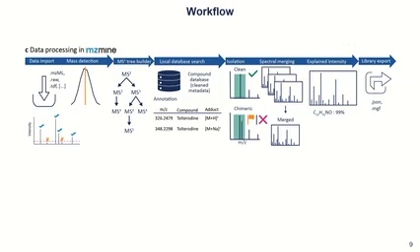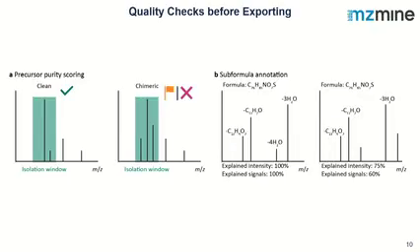And then from here we used our local database search, so the metadata sheet, or if you have spectral libraries, you can also do the matching here and the annotation. And then we would only export those that are annotated if we use reference standards. And before we export, because it's done in an automatic way, we also want to be sure that we export something meaningful. So we also included different quality checks, and then we export it as different data files.